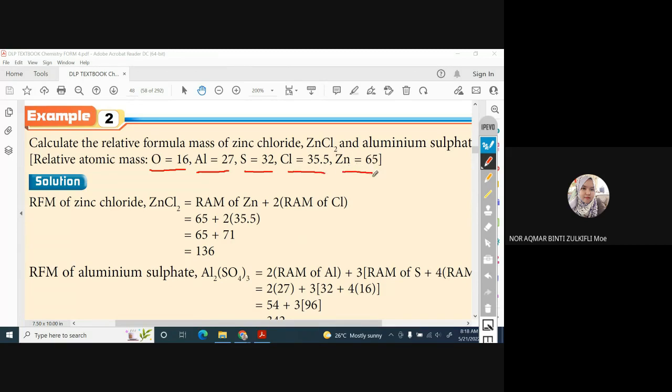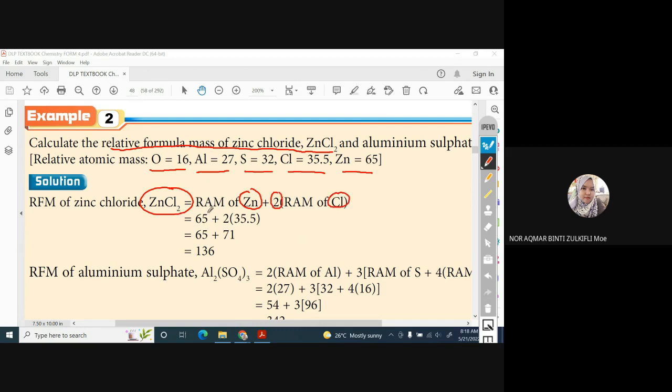You don't have to memorize, class, don't worry. In the exam, the values are given to you. So just total up. They want the relative formula mass for zinc chloride, ZnCl2. ZnCl2 means 1 zinc and 2 chlorine.